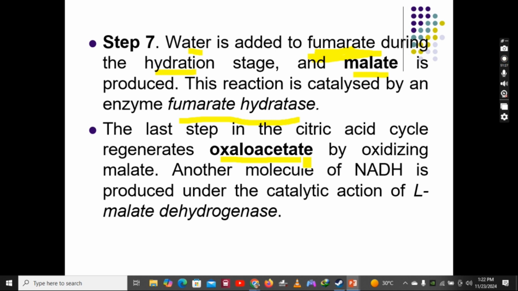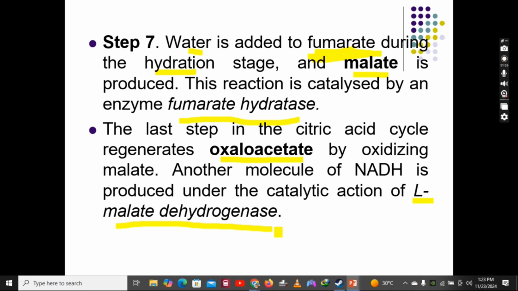From the breaking down of pyruvate, the acetyl CoA comes in, combines with the oxaloacetate, and produces the citrate. So at the end of this whole process, what will be produced is the oxaloacetate, the same thing that we started with. The malate will be converted to oxaloacetate by oxidizing malate, and the enzyme involved at this stage is called the L-malate dehydrogenase.